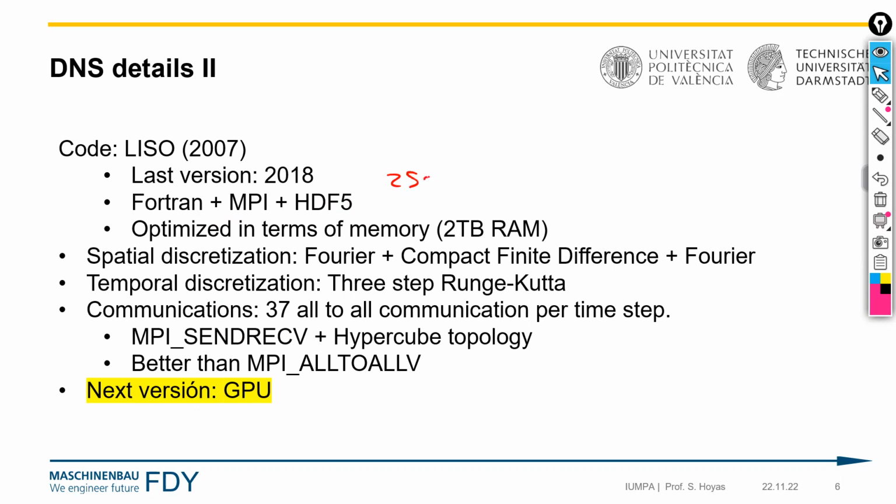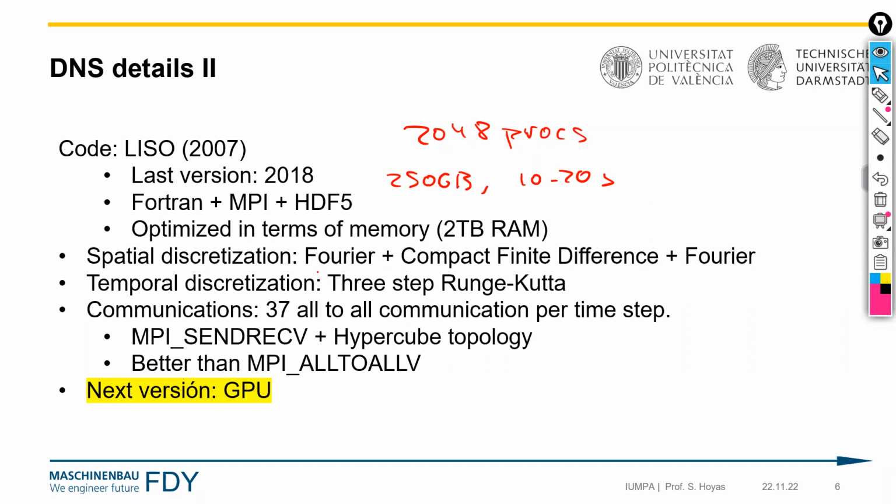I told you about 250 gigabytes; this takes approximately 10 to 20 seconds to save. And we are typically running on 2048 processors. The code has been optimized in terms of memory in order to use as few processors as possible.